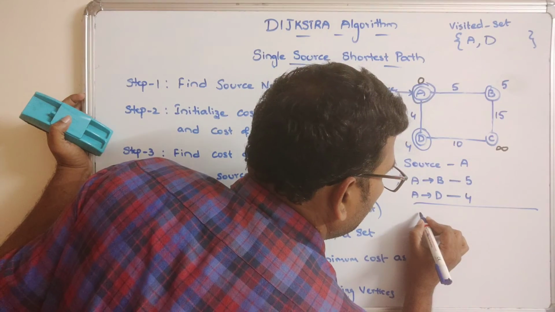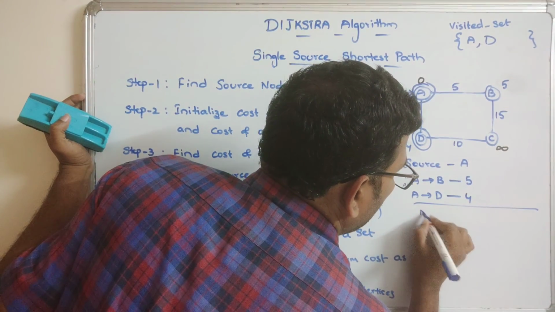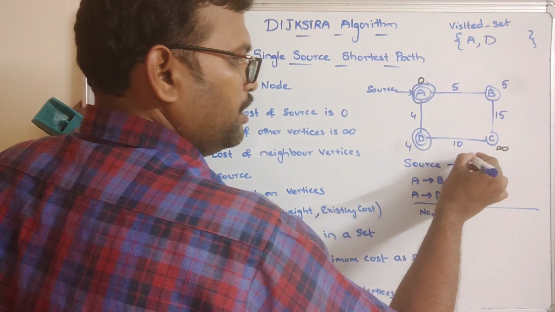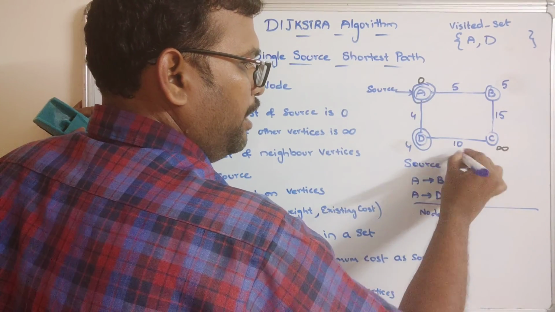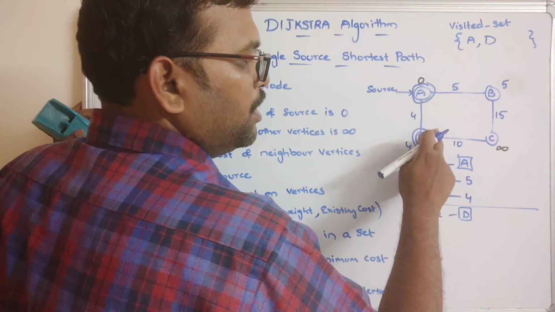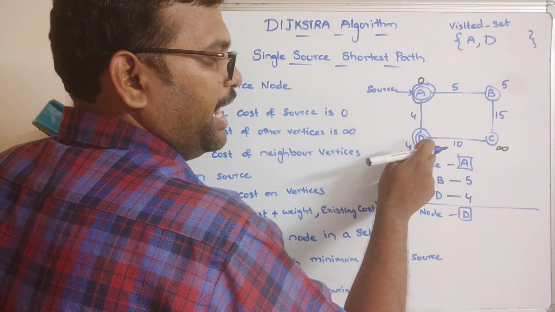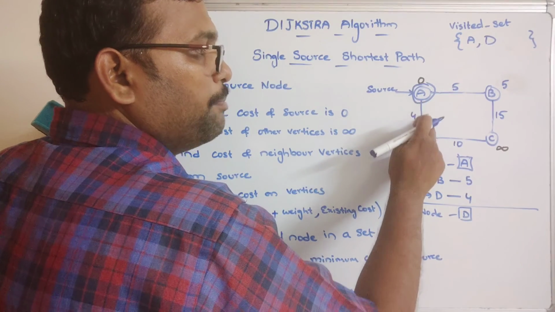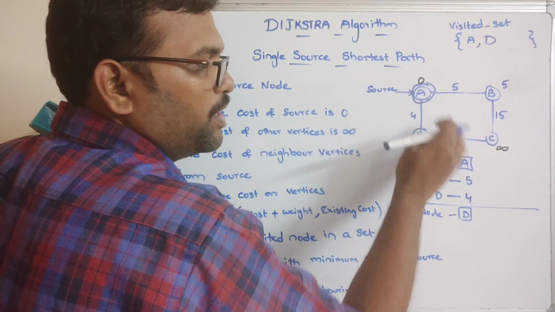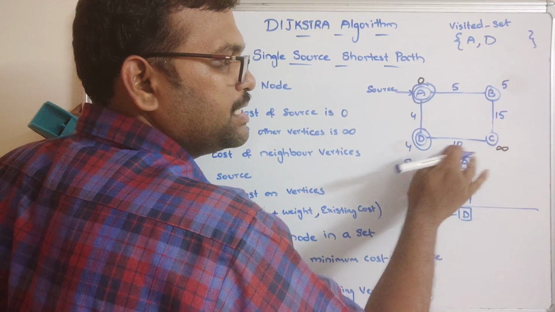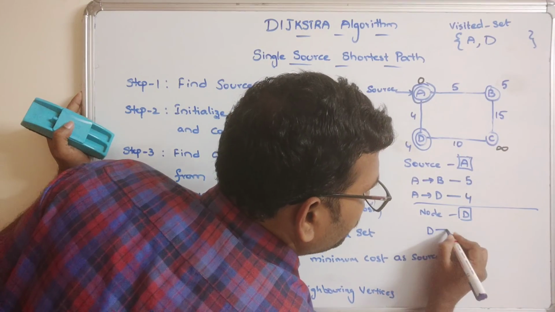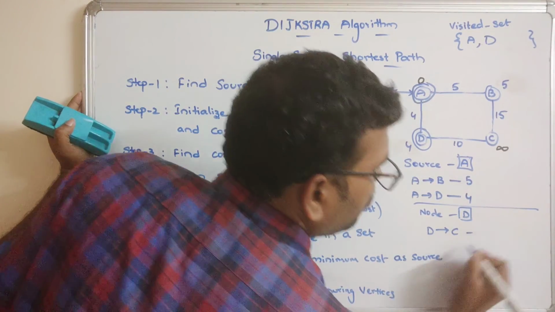We are selecting the source as node D. Now we had selected A, and now we are selecting D. What are the neighbors for D? One is A, there is a direct link to A, right? But A is already visited, so we need not bother about this one. We are left with only one node, that is C. So D to C.